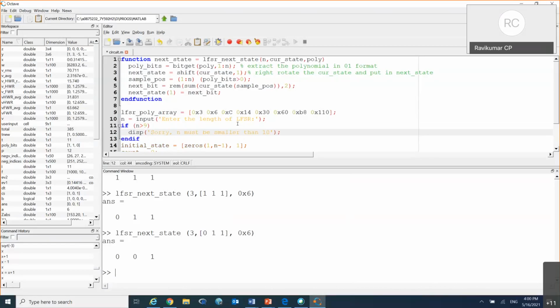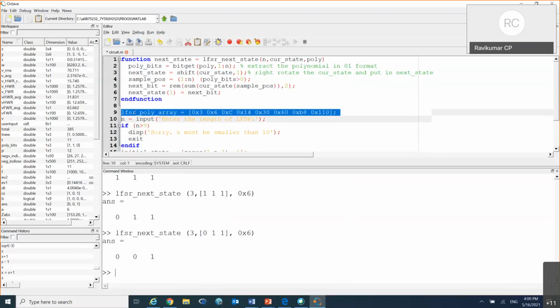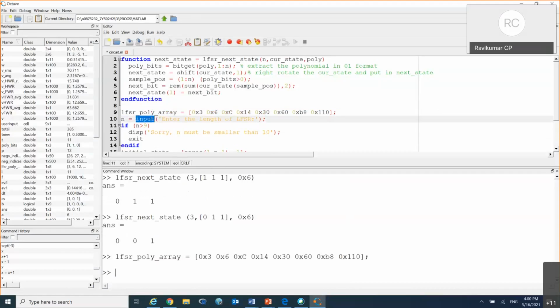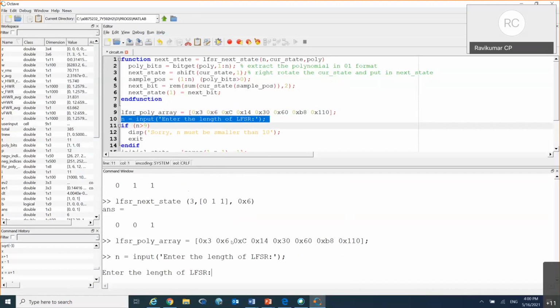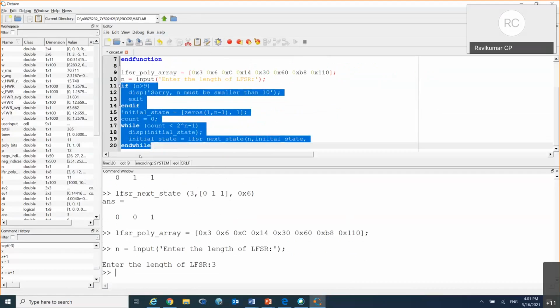And then maybe we should stop. Exit. Okay. So let us execute this. Then n is read. So for this, let me just keep it simple, 3. And then the rest I can execute as there.